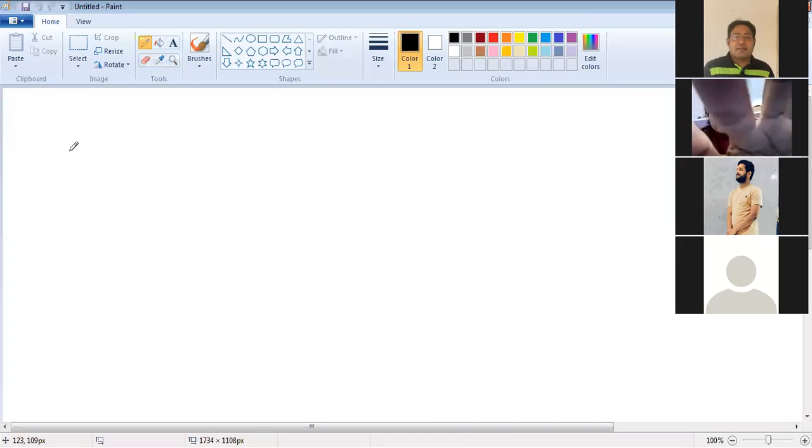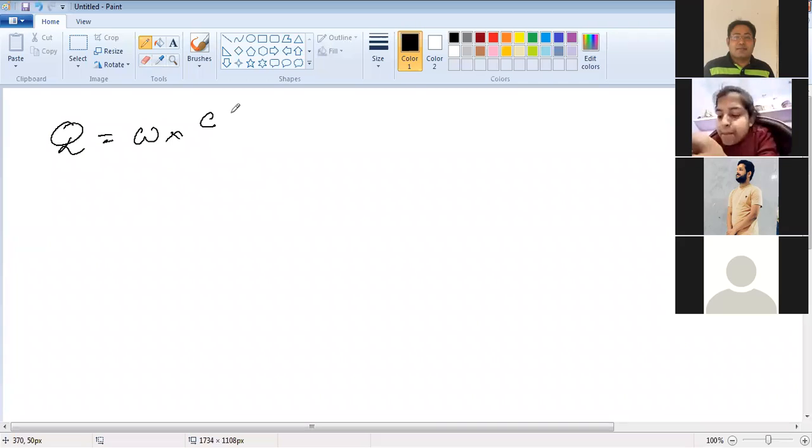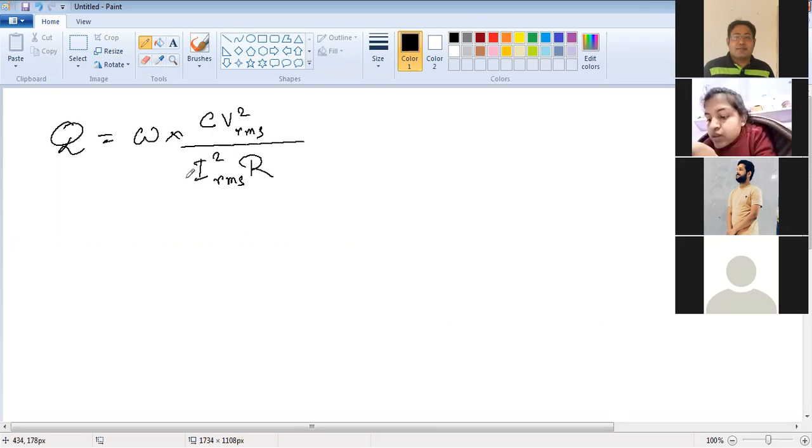So we can write that Q equal to omega multiplied by C V square RMS by I square RMS into R. Okay, half will be nullified.